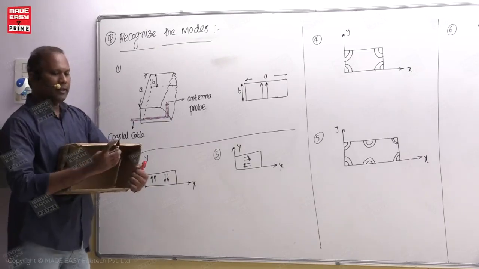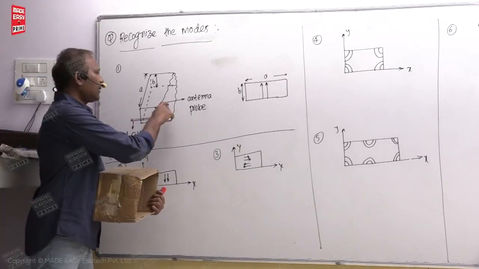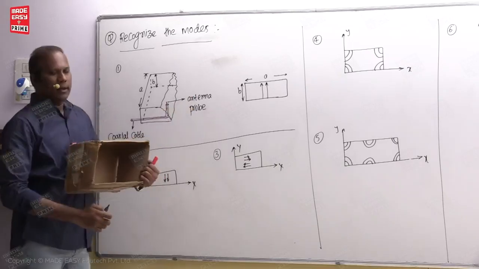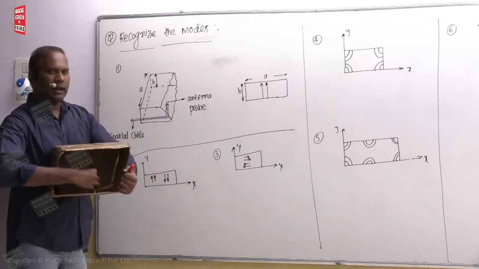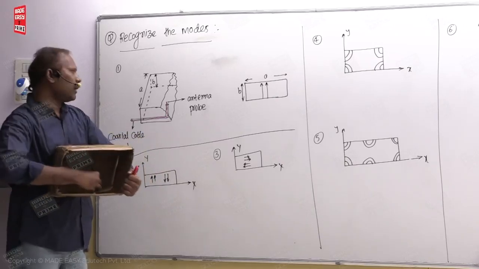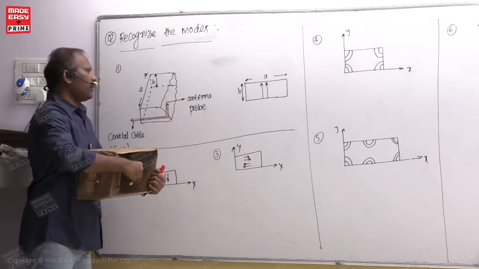Then this tip is a conductor, called the antenna probe, that starts sending the energy. It is drilled here, it comes and it looks like this. So that is the antenna probe.